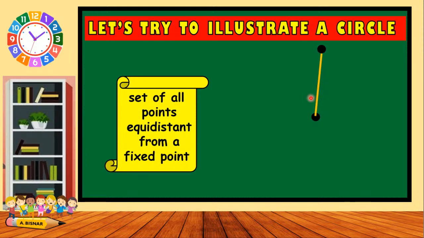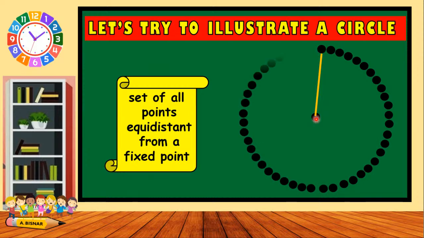So, kung ganyan kalayo yung point, dapat yung mga susunod pa na point ay ganyan din kalayo mula sa fixed point, which is the center. So, as you observe, it is a set of many points na pare-pareho ang distansya o layo mula sa fixed point. And this is how we form a circle.